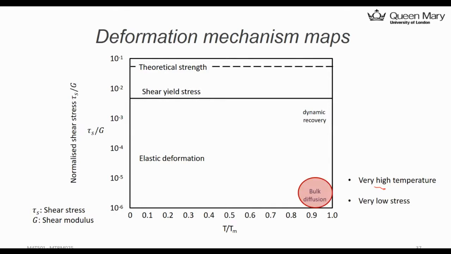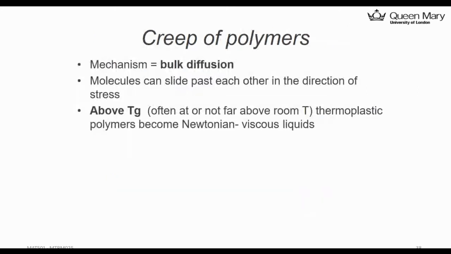This part is called the area for bulk diffusion. In bulk diffusion, molecules can slide past each other in the direction of stress. For a material like a thermoplastic polymer, if it is over Tg, the glass transition temperature, it becomes like a Newtonian viscous liquid.